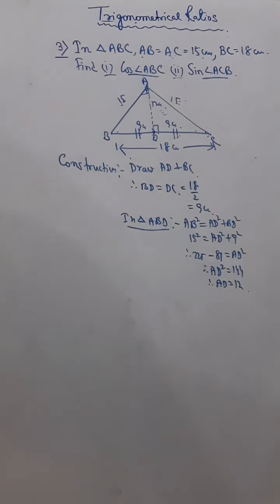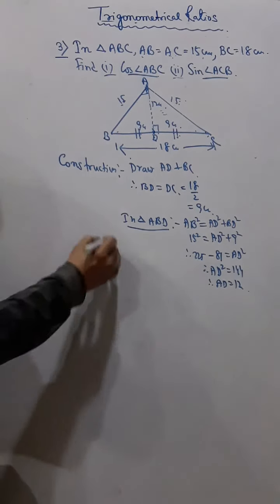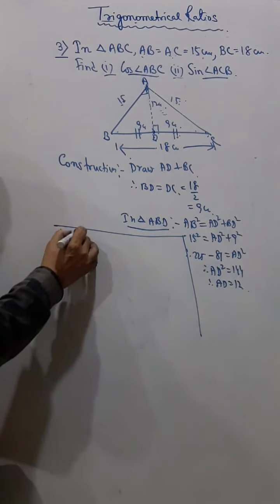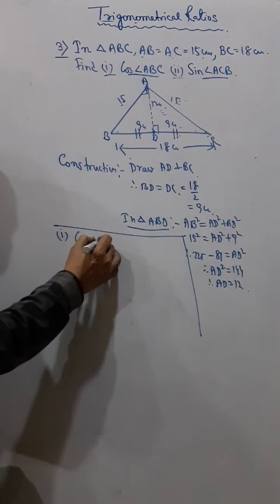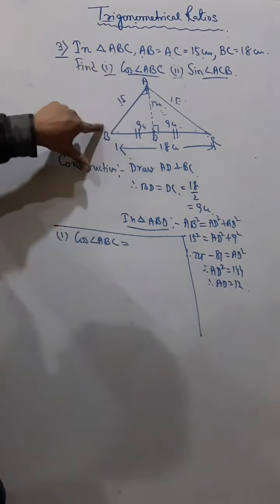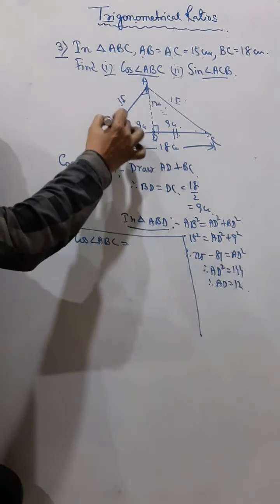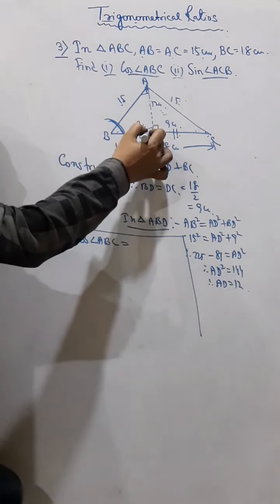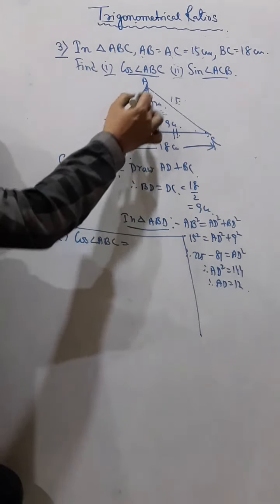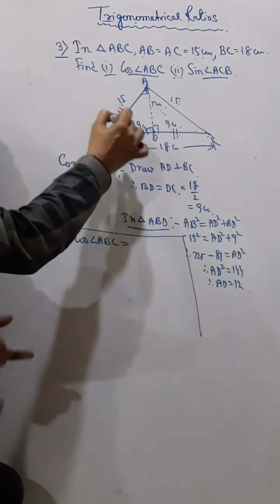Okay, so now, cos angle ABC, number 1. Cos angle ABC. So ABC means with respect to this angle, right? Again this is 90, opposite to 90, this is hypotenuse. Now ABC means ABD, this angle only.